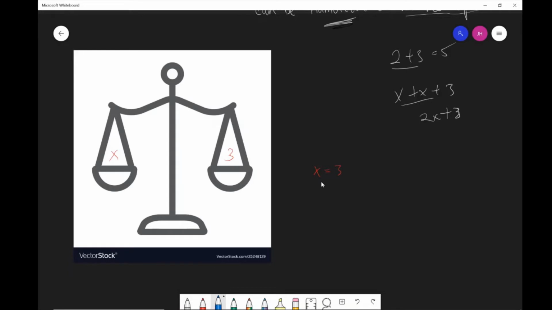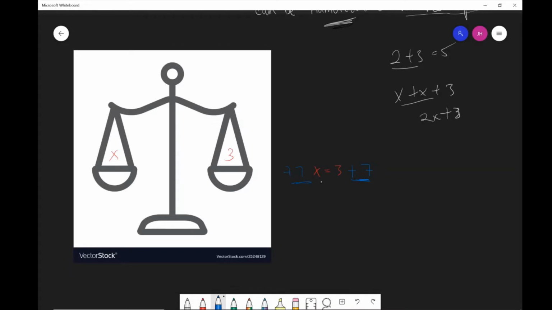Let's say I add 7 on my right side. That's something new to the equations, right? If I add 7 on the right side, I have to add 7 on my left side as well.